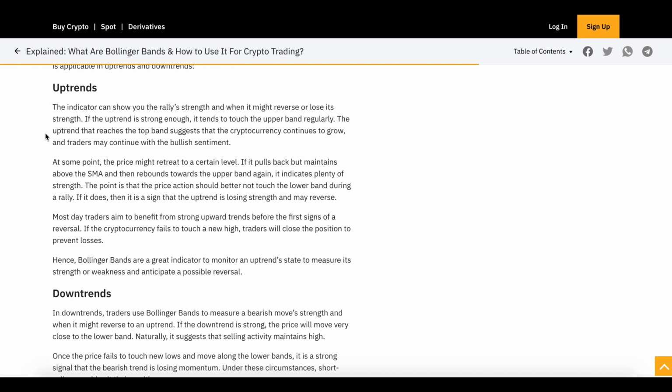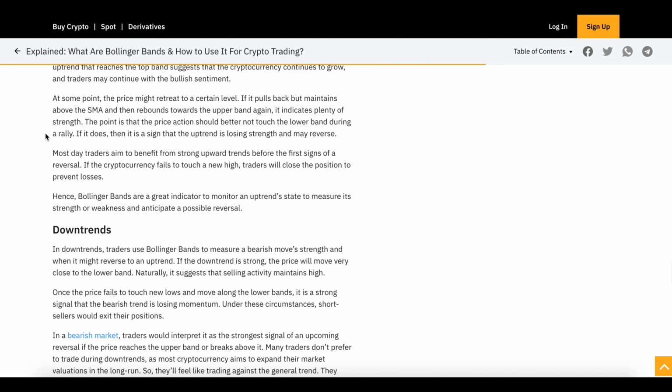If it pulls back but maintains above the SMA and then rebounds toward the upper band again, it indicates plenty of strength. The point is that the price action should better not touch the lower band during a rally. If it does, then it is a sign that the uptrend is losing strength and may reverse.